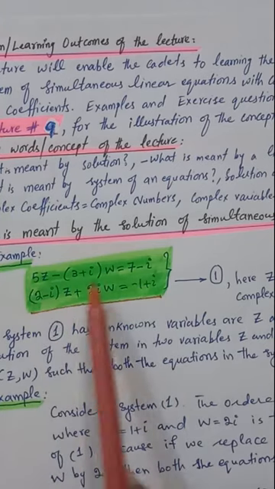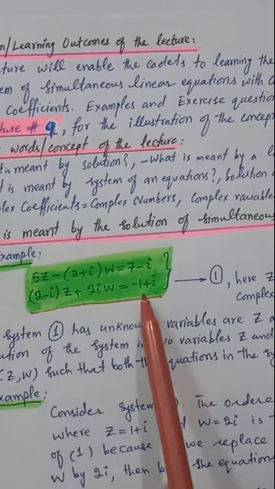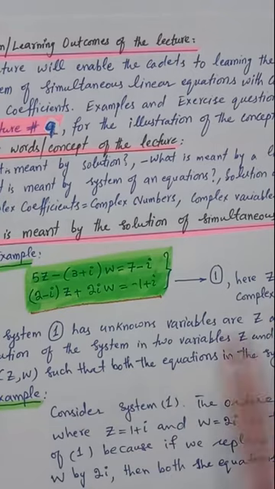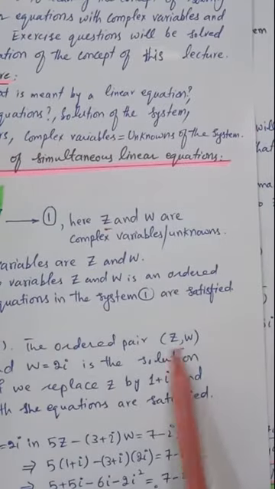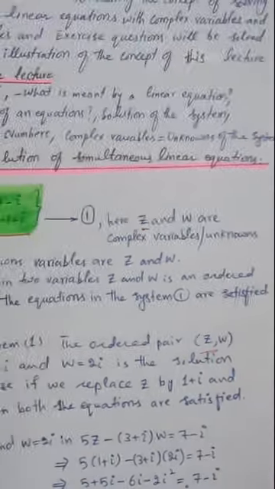This is the value of p1, this is q1, p2, q2, r1, r2. So z and w will also be complex variables. These are unknown. We need to find the value of z and the value of w, and that ordered pair must be a point in a complex plane.